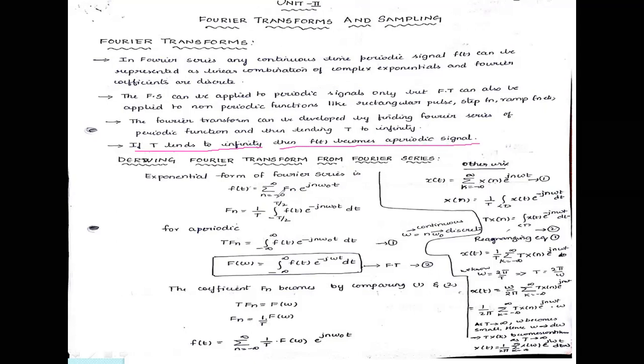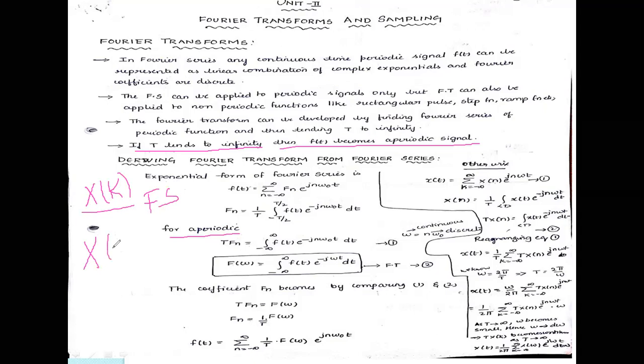So I am changing the finite duration minus T by 2 to T by 2 to minus infinity to infinity, for the aperiodic or non-periodic signal. All right, so here f of omega is equal to f of omega. Whenever it is x of k, the symbol is always for the Fourier series.